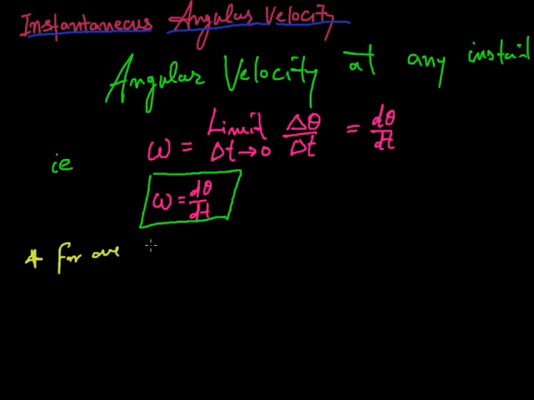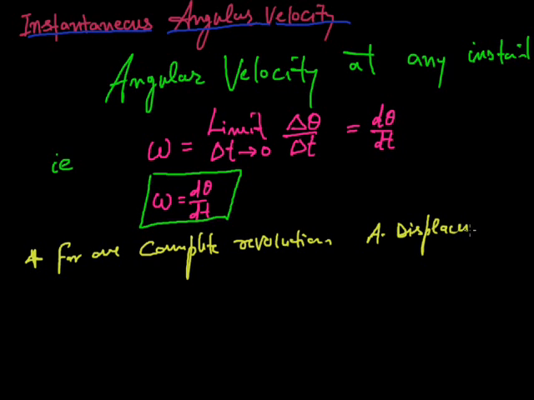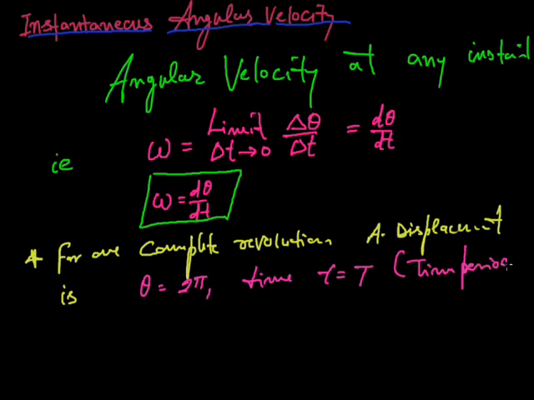For one complete revolution, angular displacement theta is equal to 2 pi and time t is equal to capital T, that is time period. So angular velocity will be equal to delta theta by delta t.